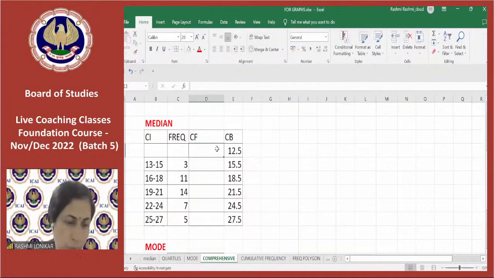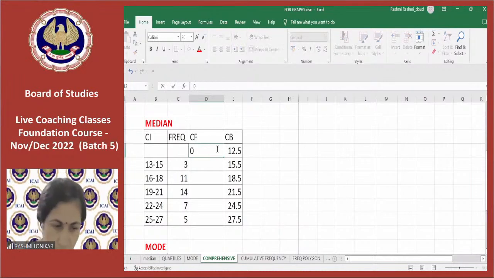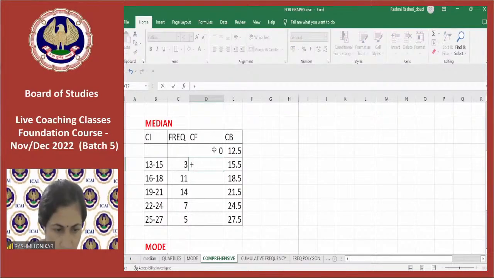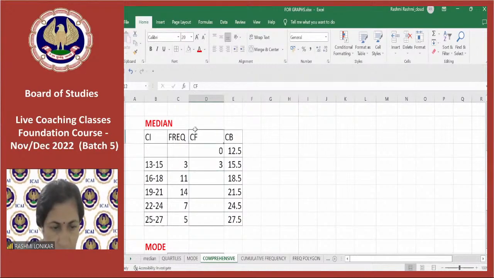How many people have marks less than 12.5? 0. Okay. Then how many have less than 15.5? This will be this plus this, 0 plus 3. So there are 3 people who have got marks less than 15.5. Okay, this is less than cumulative.